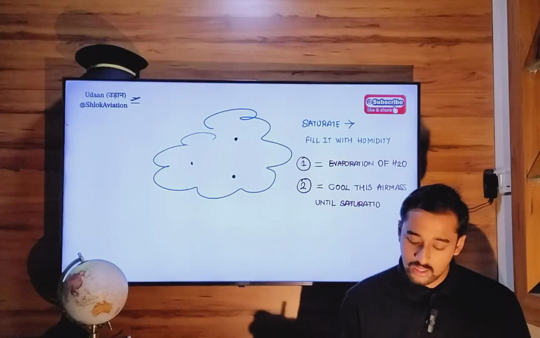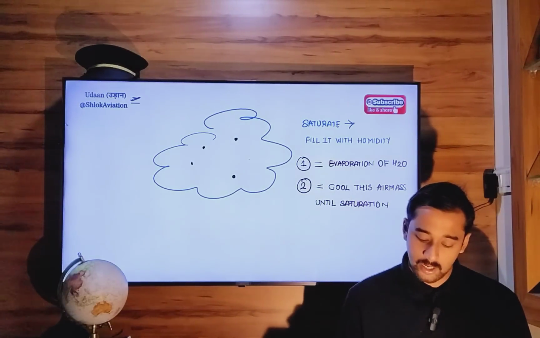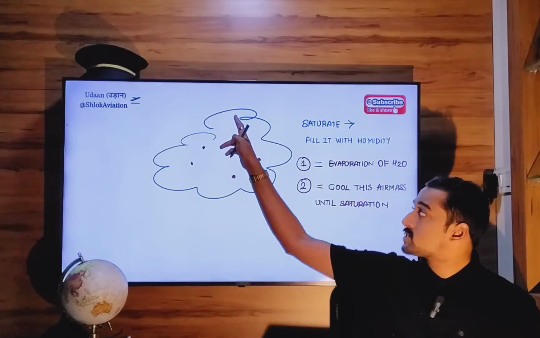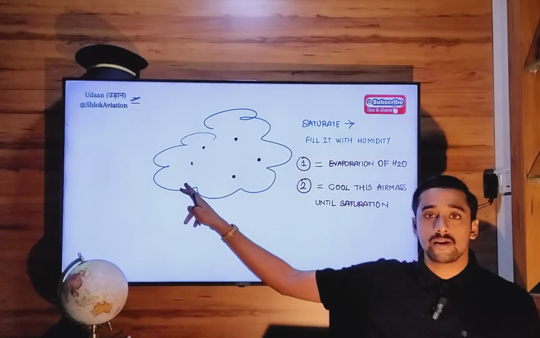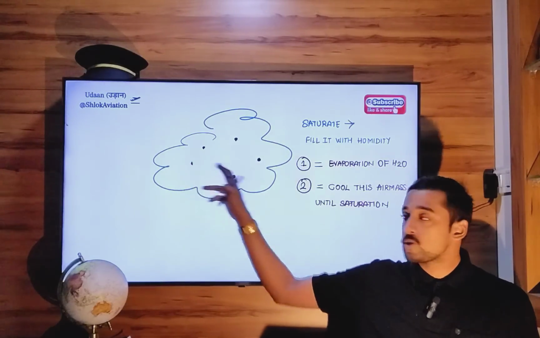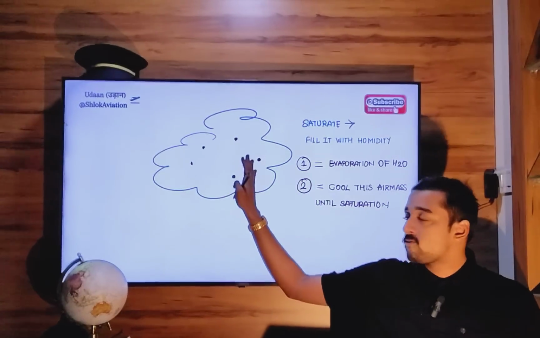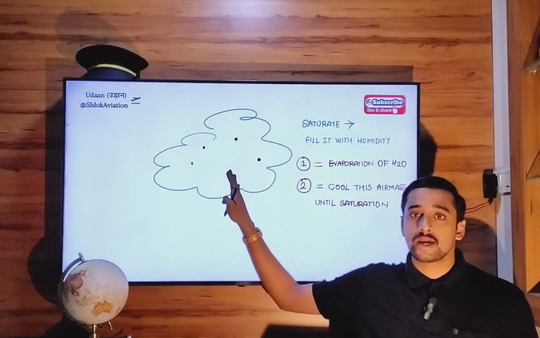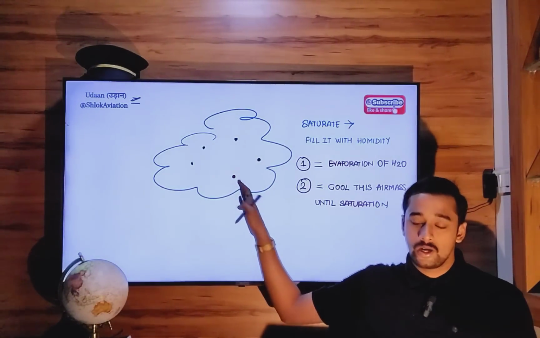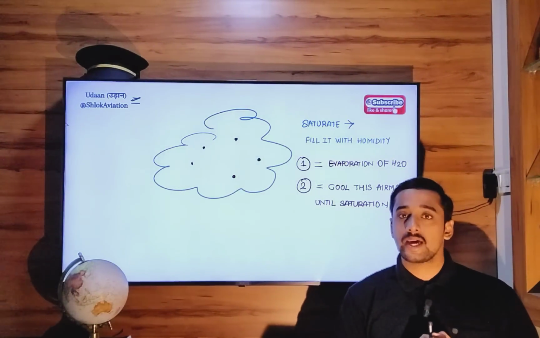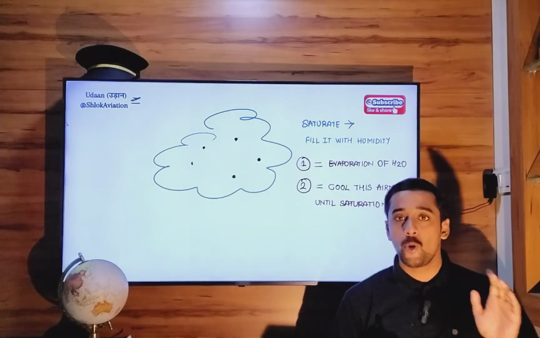Meaning, now there is this water vapor in the air parcel. There is so much space left where additional water vapor can be filled. You don't want to do that. You don't want to opt for option number one. With whatever available water vapor in this air mass, you want to make it saturated. So you will have to cool this air mass up to its dew point temperature.